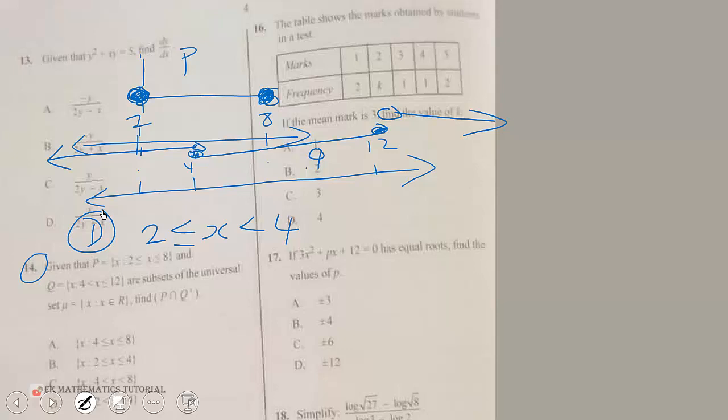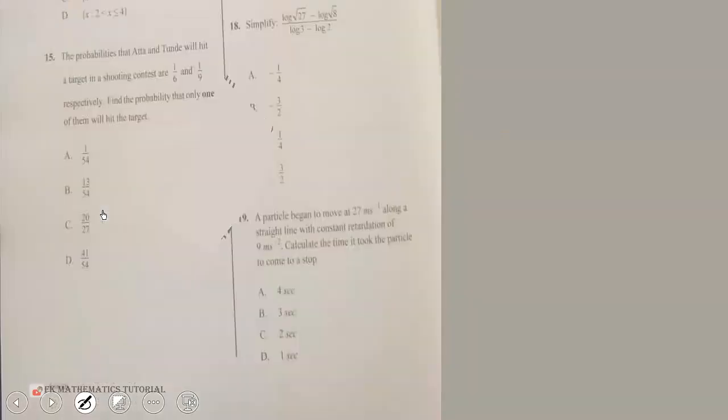Now let's look at question number 15. The probabilities that Atta and Tunde will hit a target in a shooting contest are 1/6 and 1/9, respectively.